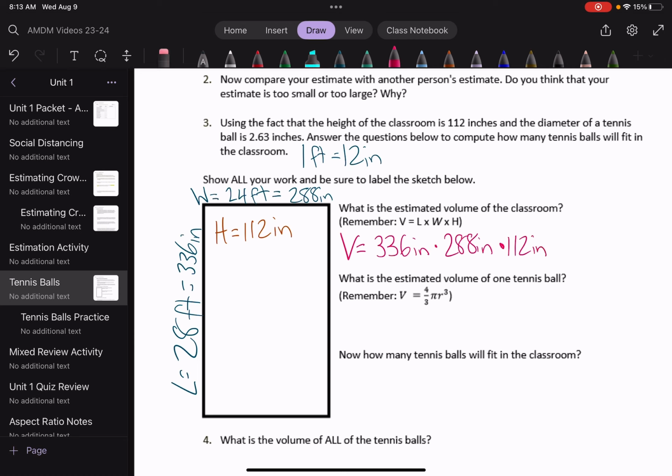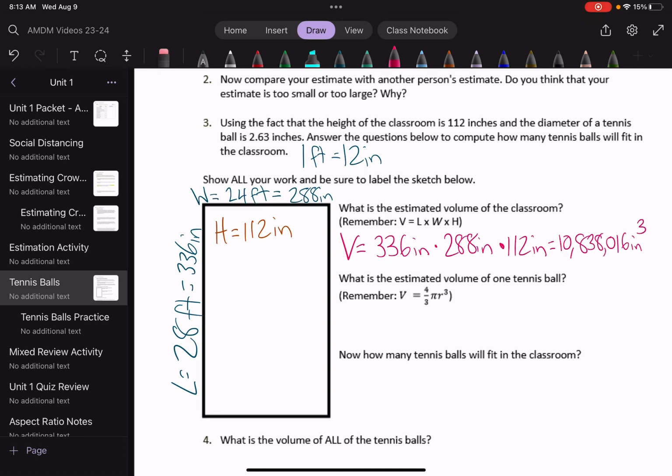So I have 336, multiplied by 288, multiplied by 112. That gives me a total volume of 10,838,016 inches cubed, because inch times inch times inch gives me 3 of them. So it's inches to the third power, so it's cubed inches. We're dealing with volume now, so we've got that third dimension.